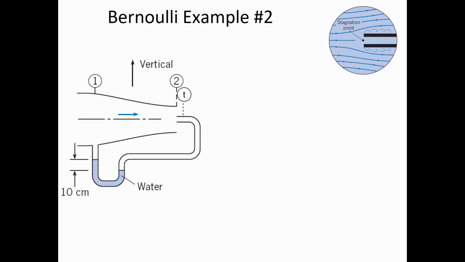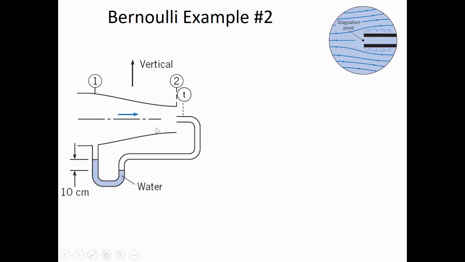In this one, we've got a nozzle where the diameter is decreasing, and so the velocity will be increasing inside of the nozzle. And as the nozzle is necking down and the velocity increases, the pressure is going to change as well.